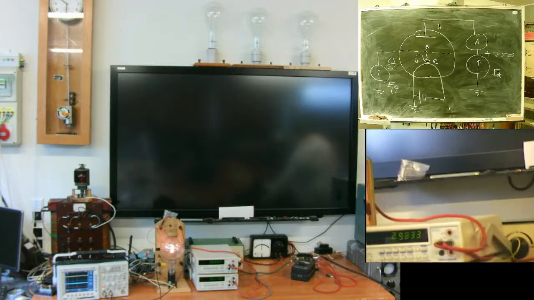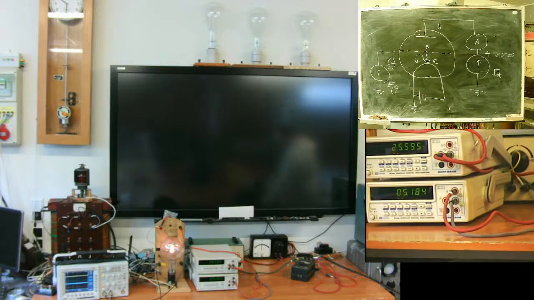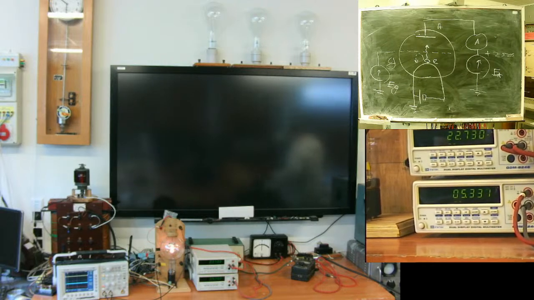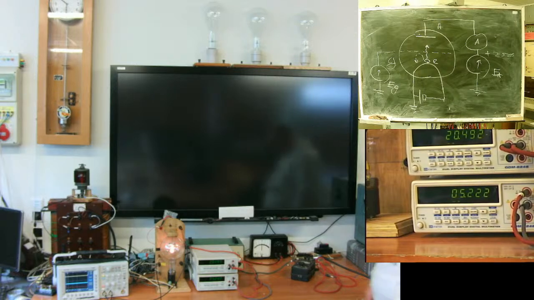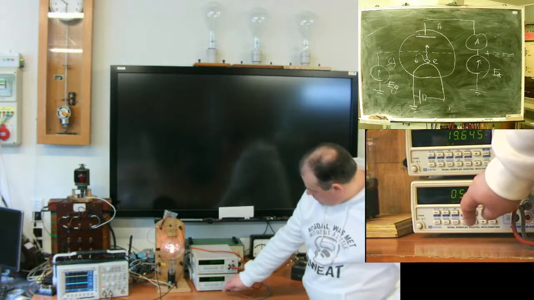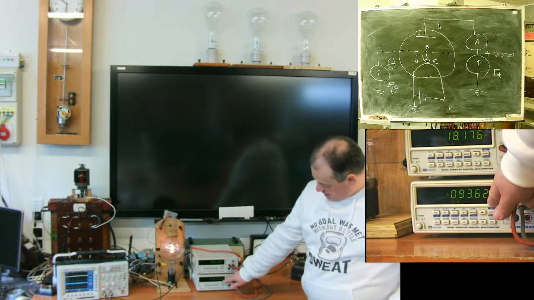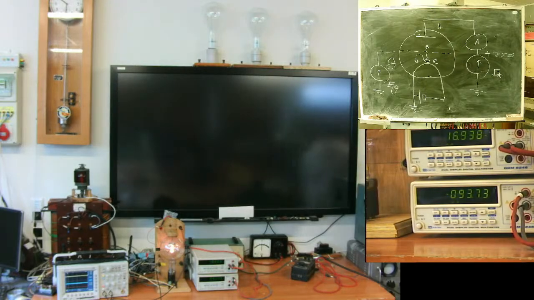Here I have 2 meters. I hope you can see my 2 meters. This one measures grid potential. The lower one is EGA.